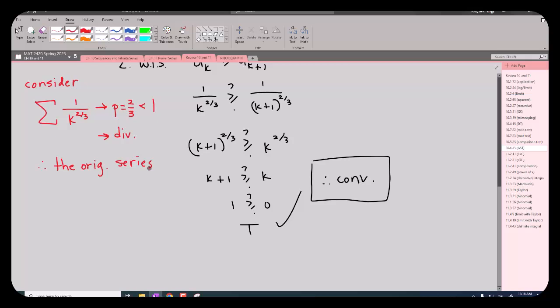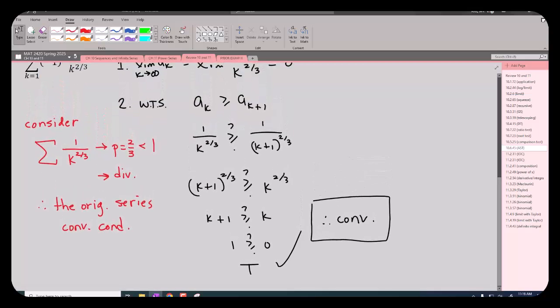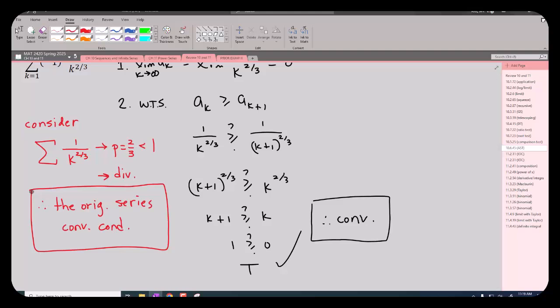Conditionally. Yes, it converges conditionally because the series of absolute values diverges. Just like the alternating harmonic series, you need the minuses in order to get that convergence. So the minuses are necessary.